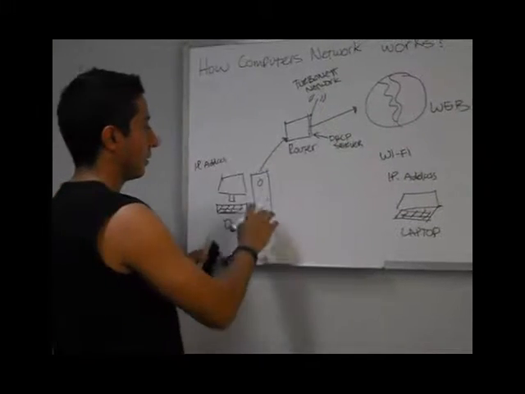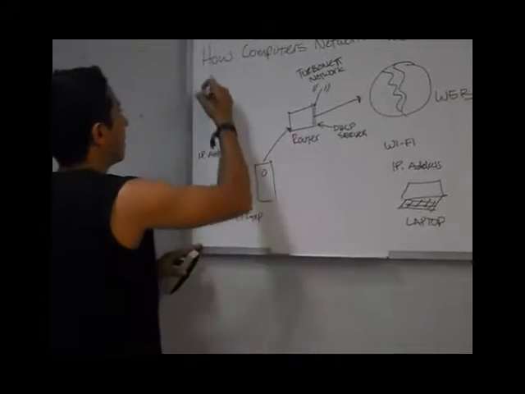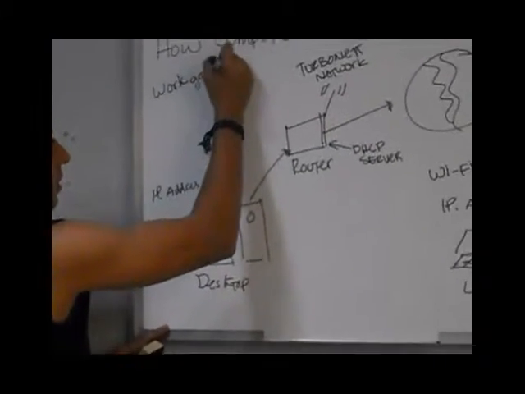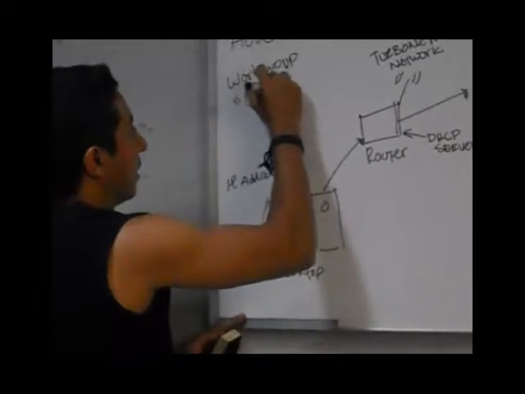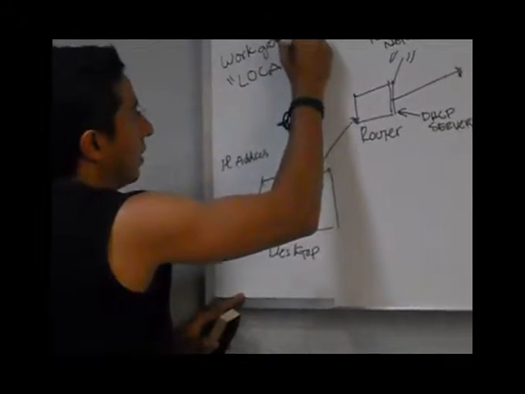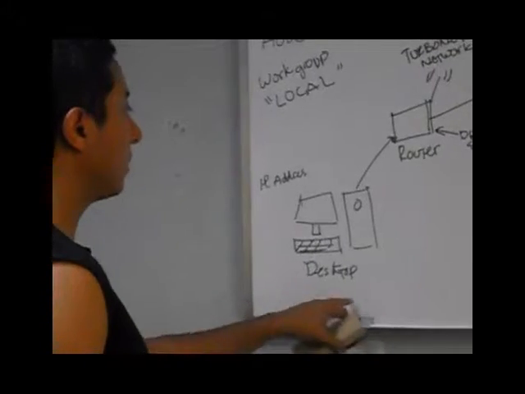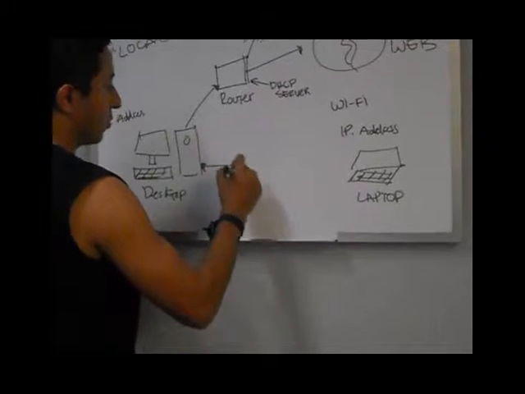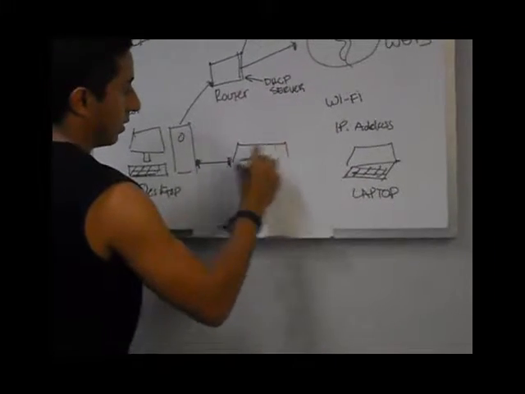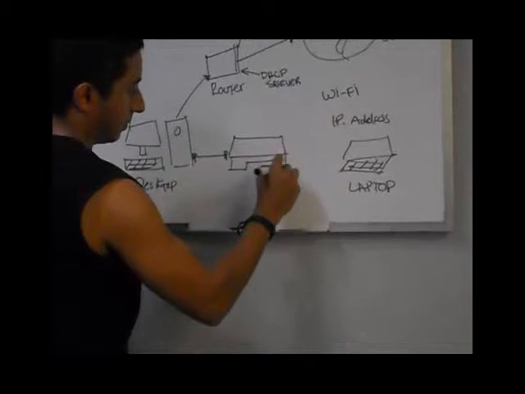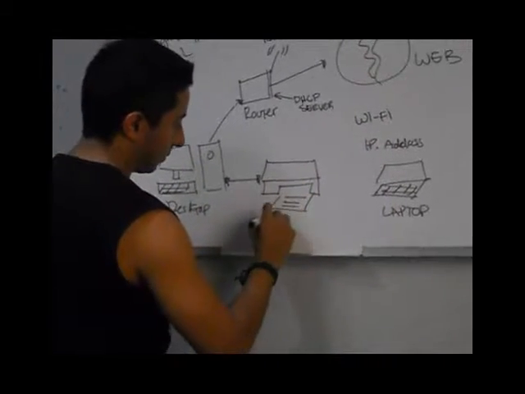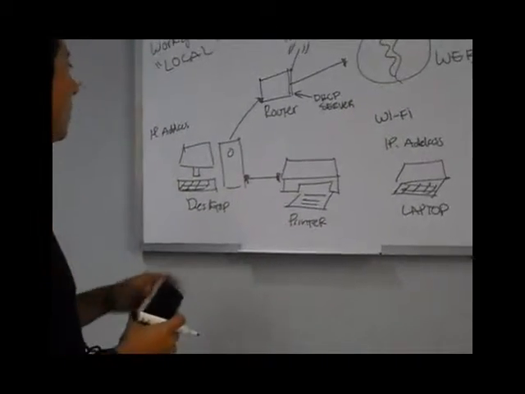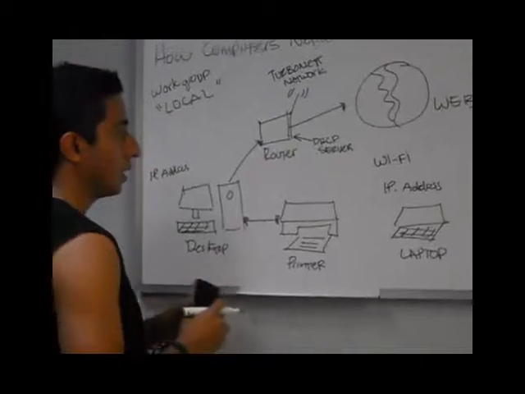So to connect these two computers, I'm going to create a workgroup called local. The desktop will be connected to a printer using a USB cable, and the desktop will share the printer over the network to the laptop.